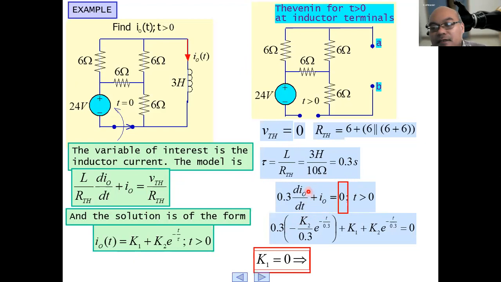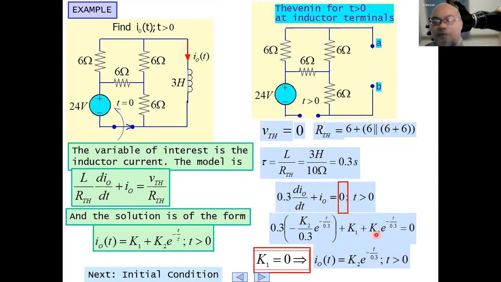The value at infinity will be 0, so IO will be 0 also. And now we try to find K2. Then IO(t) will be K2 exponent minus t over 0.3 at t greater than 0.